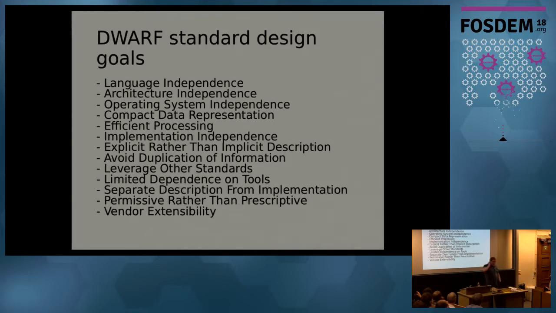Okay, that's a lot of things, and DWARF has a lot of design goals, probably a bit too many, because they conflict with each other, of course. It's kind of interesting that the last talk was a lot about, well, that's defined by the ABI, because one of the design goals is that it's implementation independent.